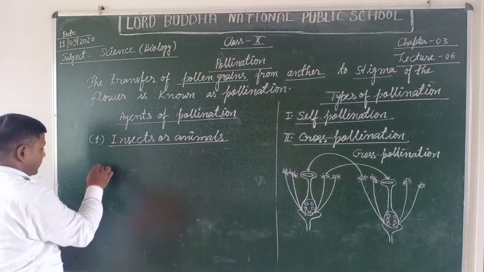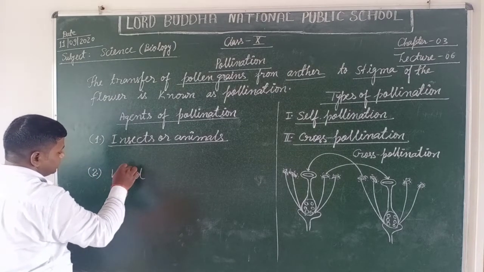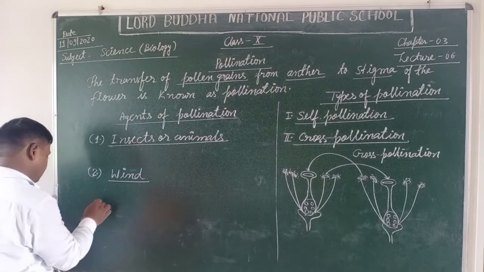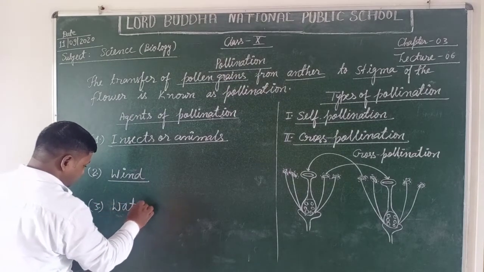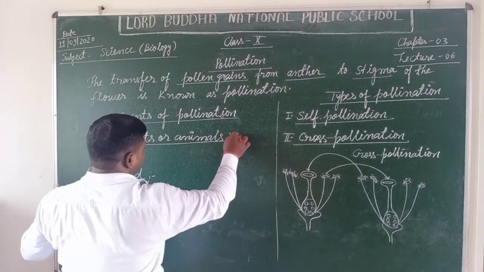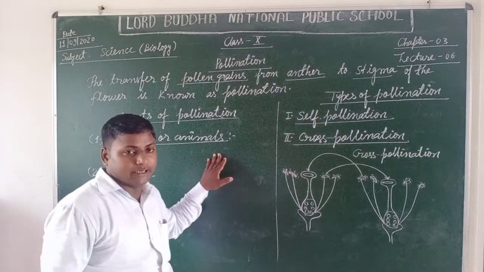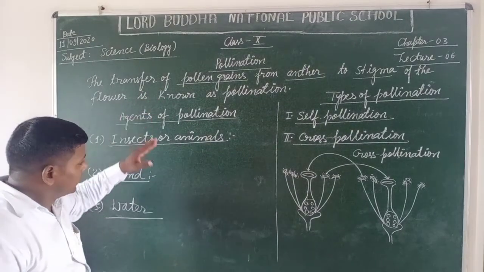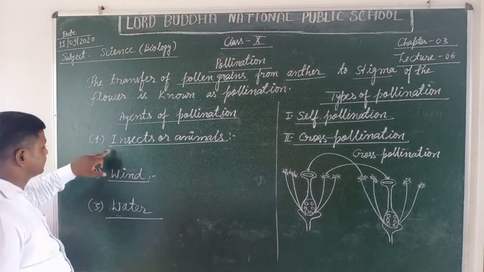The second one is the blowing wind. And the third one is the water. Let's understand how insects or other animals are responsible for the process of pollination in plants.